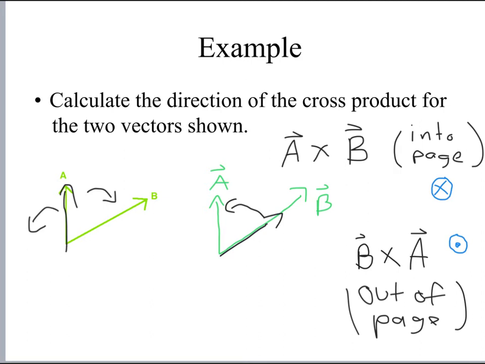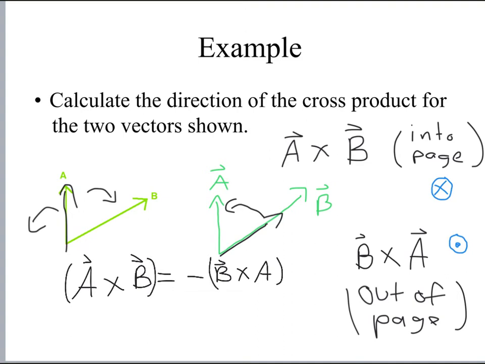Or another way to say it is the vector flips. So if you do the vector product or the cross product in one order versus another order, you get a 180-degree flip. That's a negative sign added to the vector. In other words, you can say that A cross B is equal to negative B cross A.